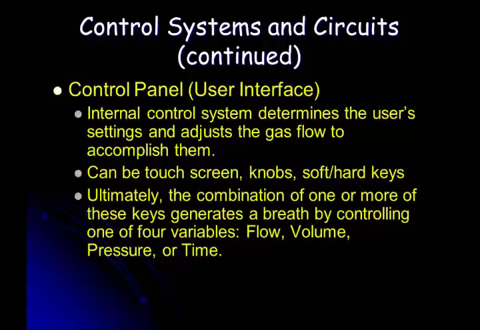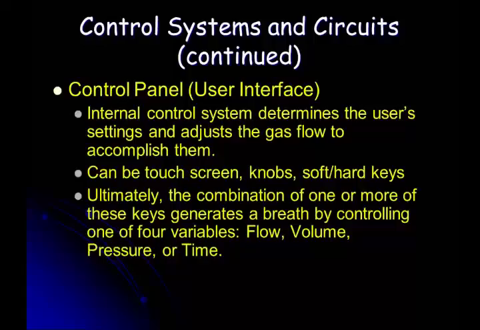And what we do is we end up changing one or more of four different variables. We're either going to alter the flow in some fashion, the speed at which a gas goes in. We're going to alter the volume to get to a targeted volume, change the pressure, or change the time.